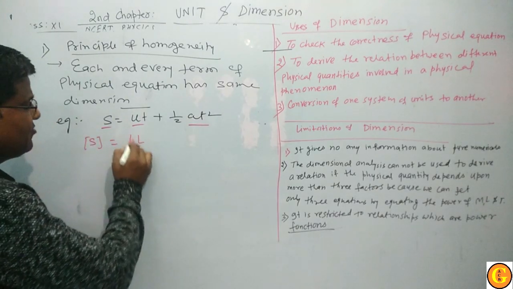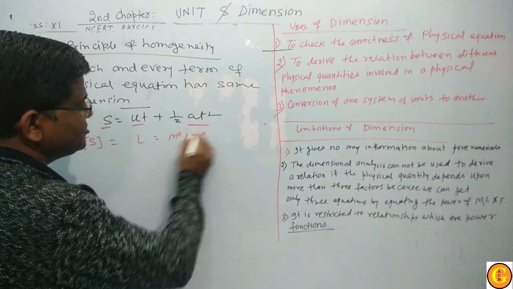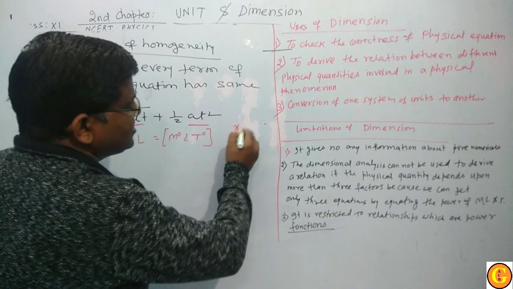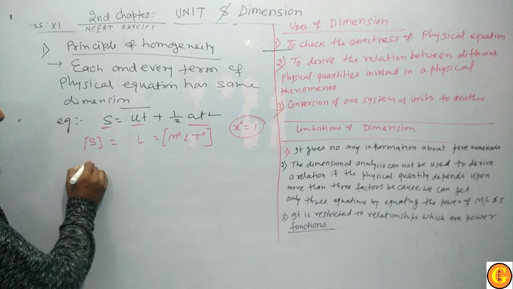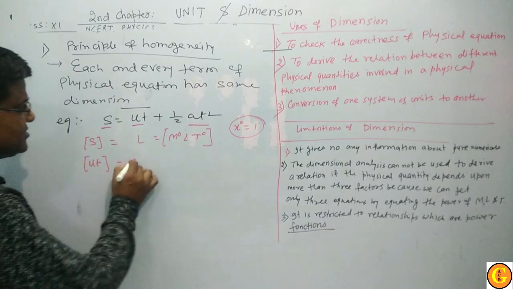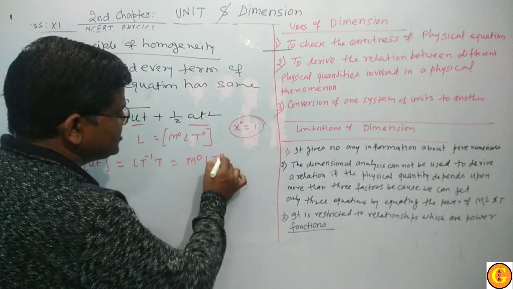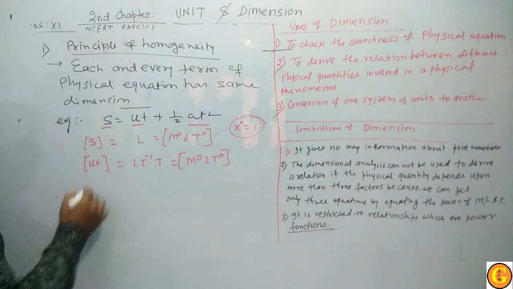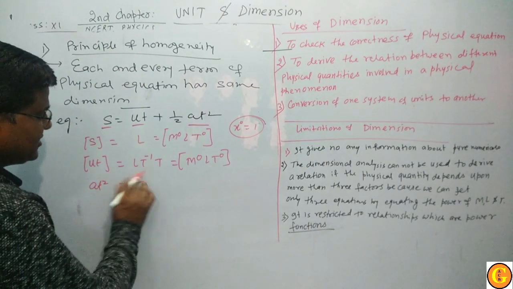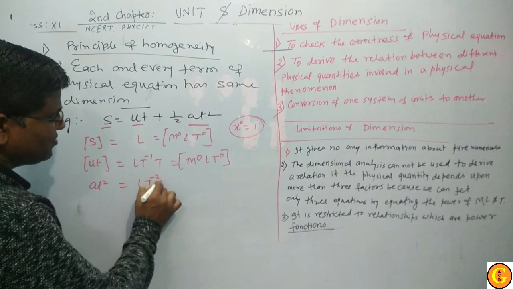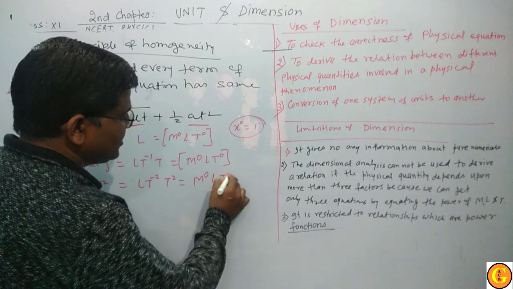S is the dimension of L, and we may write it as M0 L T0, since the power of anything is 1. That's why I am writing it this way. Next, ut is LT minus 1 into T, which becomes M0 L T0. And the last one is at square: a is LT minus 2 and t square is T square, so it again becomes M0 L T0.